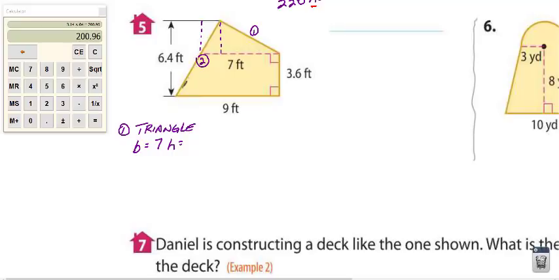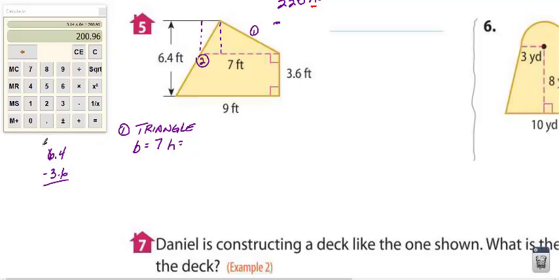What I see is this 6.4 is the whole thing. This amount of this trapezoid is 3.6. So what's left of that from here to here is the actual height of this triangle. So to get that, I'm going to have the 6.4 and I'm going to take away the 3.6.